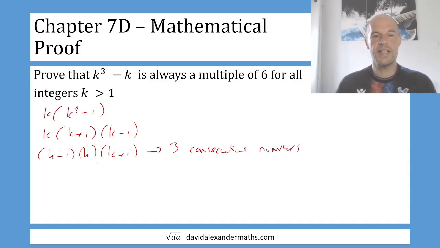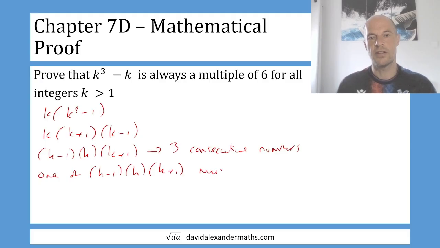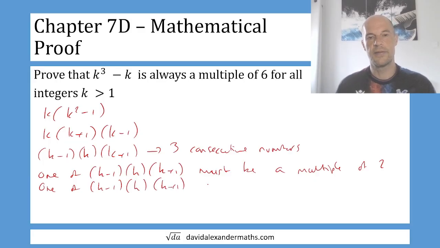So if they are 3 consecutive numbers, then at least one of k − 1, k, k + 1 must be even, so must be a multiple of 2. And if I've got 3 in a row, we can pick any 3 numbers in a row, one of them must be a multiple of 3. So one of k − 1, k, k + 1 must be a multiple of 3.